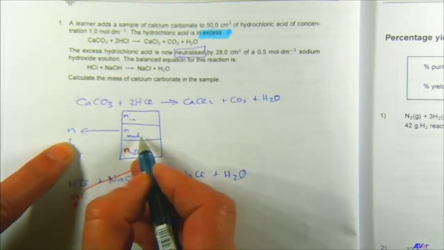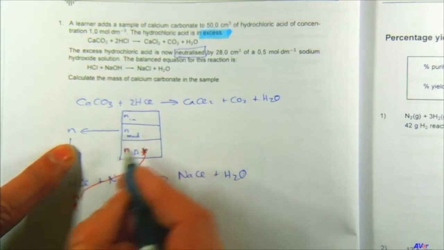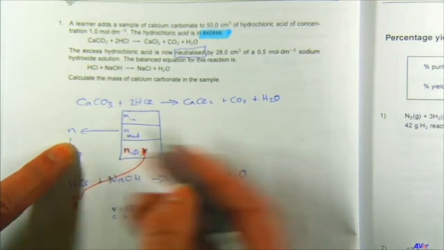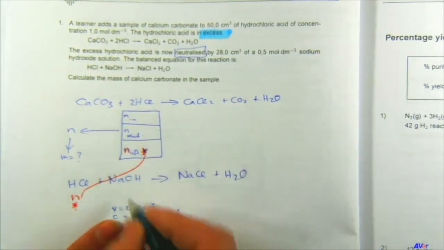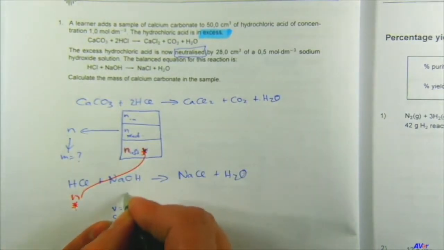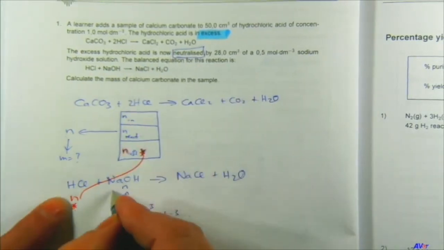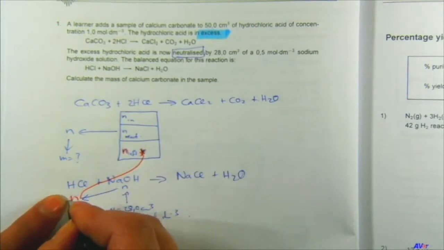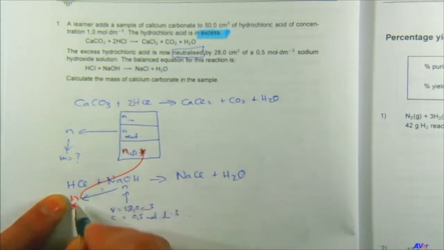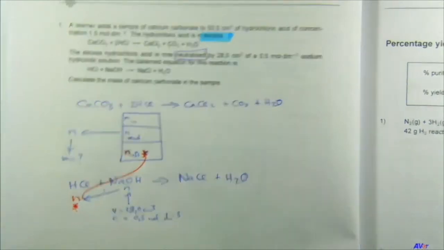So that's where the mole ratio is. React with react. So the very first thing is we're going to start with this one and work out how many moles of sodium hydroxide was used in this neutralization. That will tell me how many moles of HCl was neutralized.